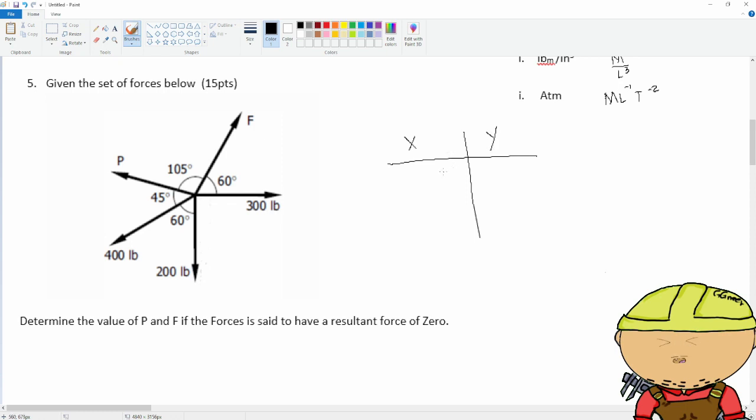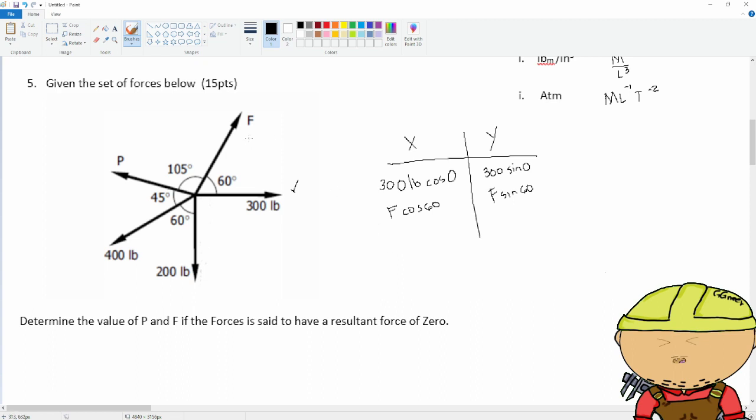For example, we have 300 pounds, so we can write 300 cosine 0, 300 sine 0. That's the first vector. The second vector is F cosine 60, F sine 60.